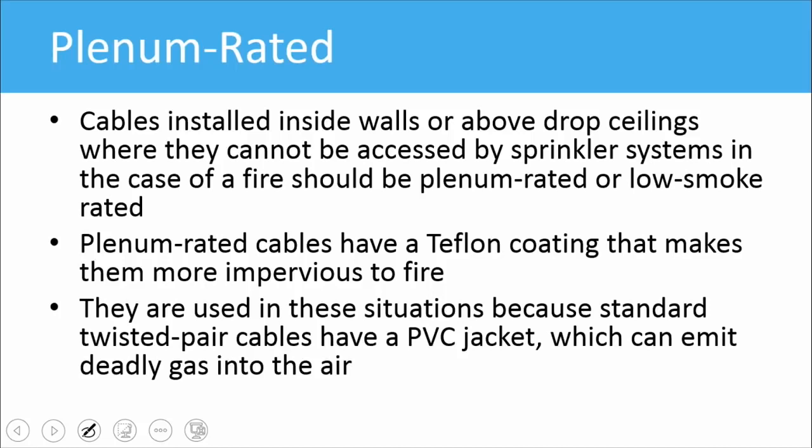cabling is important because if there's a fire, these cables have a Teflon coating that protects them, right? They don't give off high amounts of smoke, okay? They're used in these situations because standard twisted pair cables have a PVC jacket, which can actually emit a really deadly gas, which makes it really dangerous in a fire situation.